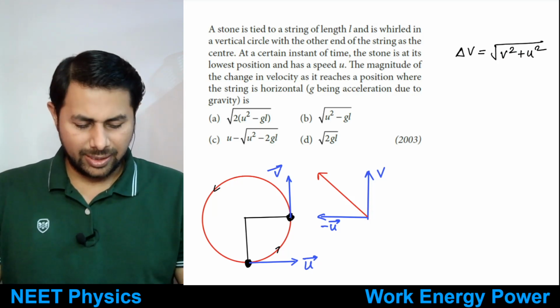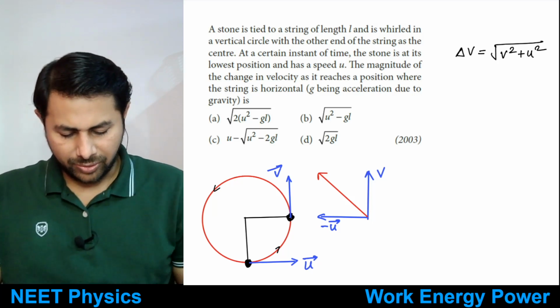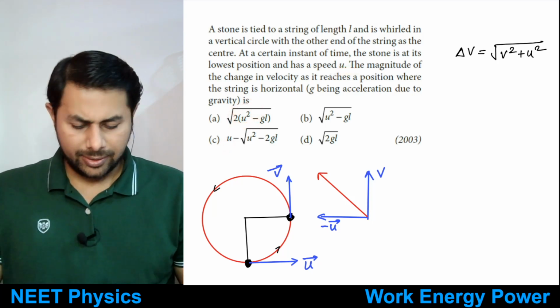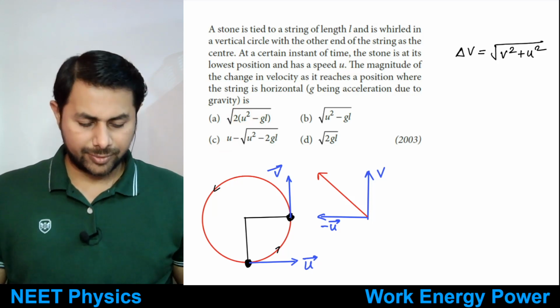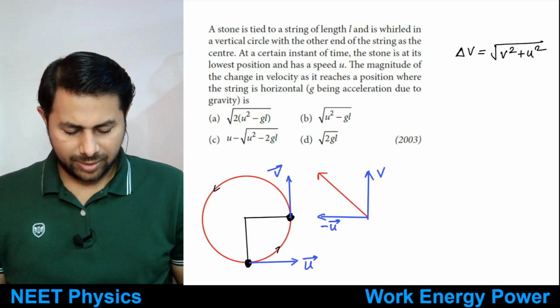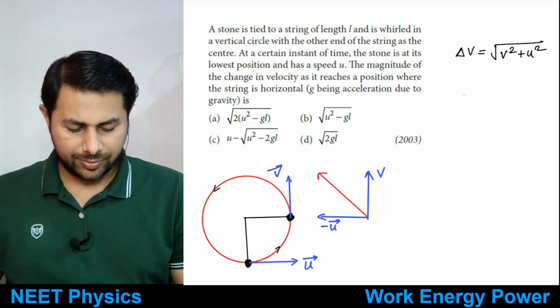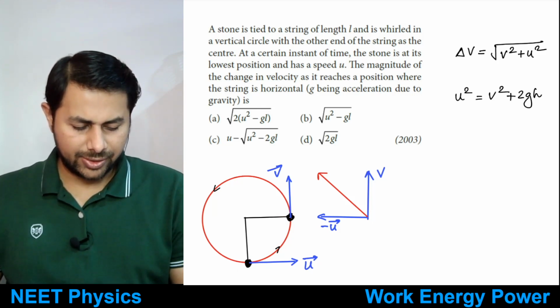Then you need to find out what v is in terms of u, because what you are given is just u, the speed at the bottom. When an object moves from here to here, there will be a change in speed. So u square is equal to v square plus 2gh.